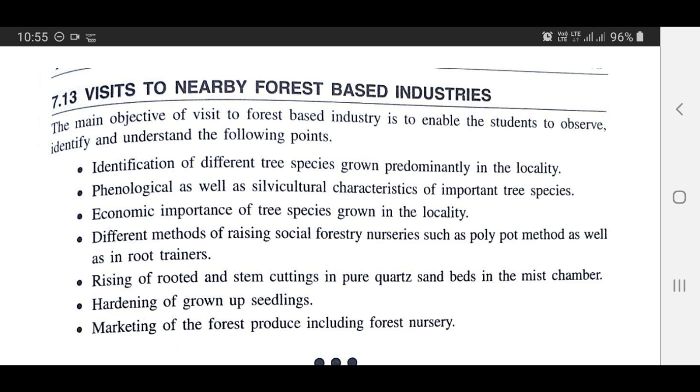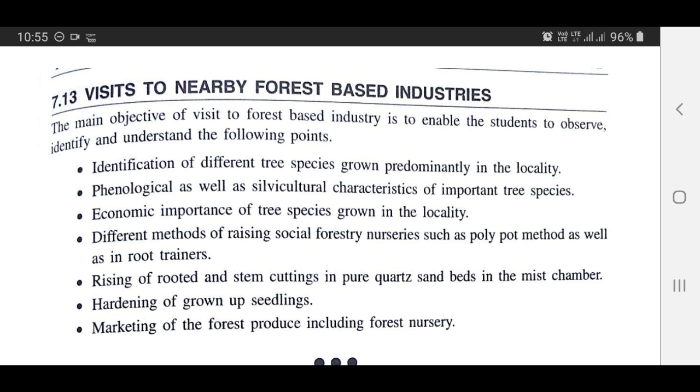Nursery is raised. Generally, local forest species are grown in the nursery, and there are certain procedures in which these seedlings or saplings are grown.